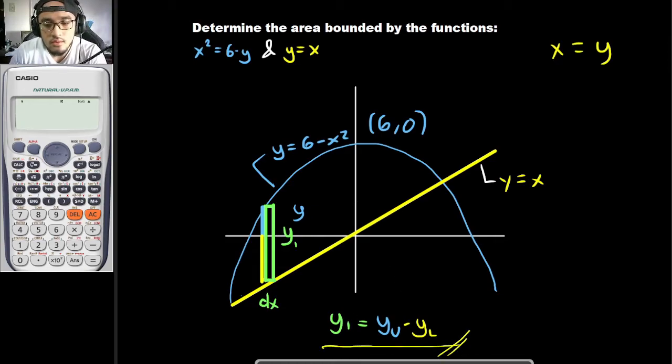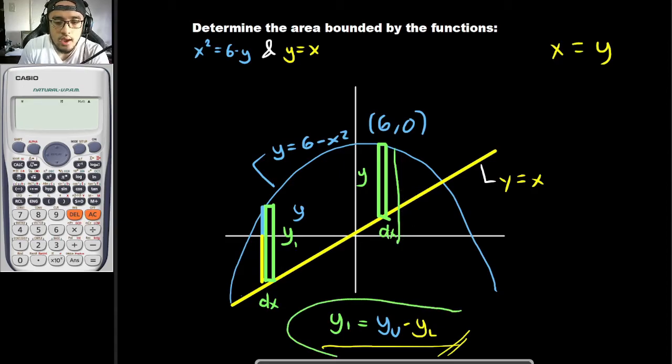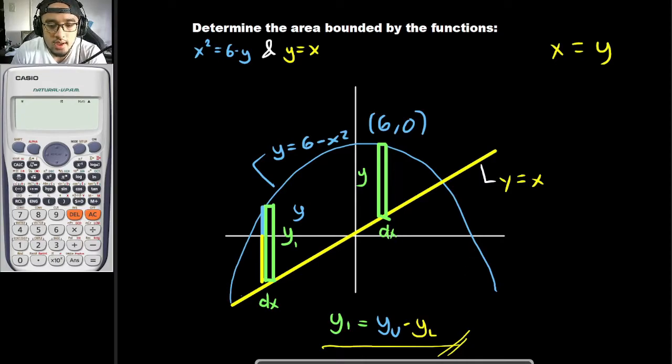And if we are to get the differential area here at this part right here, let's say that this is to be our differential area. This is to be our y and this is to be our dx. And our y here is to be equal to y upper minus y lower. Since this is to be your y upper and this is to be your y lower. So that is just to be y upper minus y lower. So basically, both of these parts right here are the same.